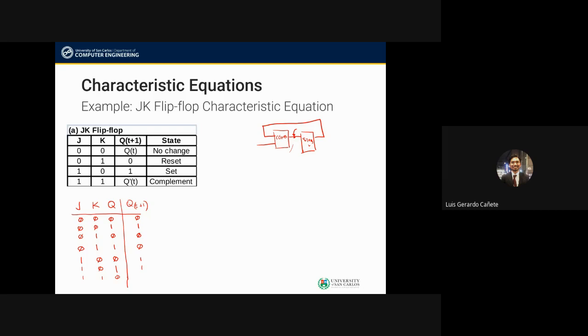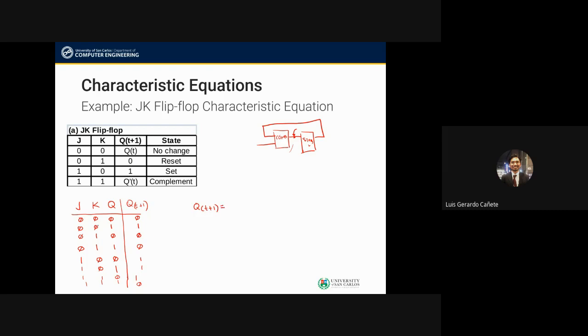So 1, 1, 0 will be 1, right? Because we need to complement the value of Q. And then 1, 1, 1 will become 0.